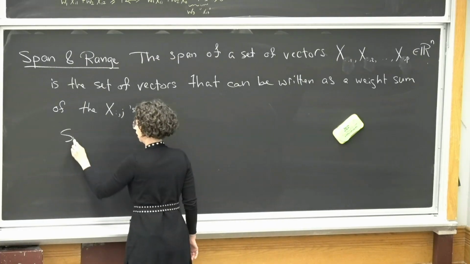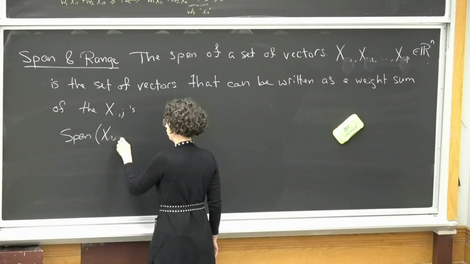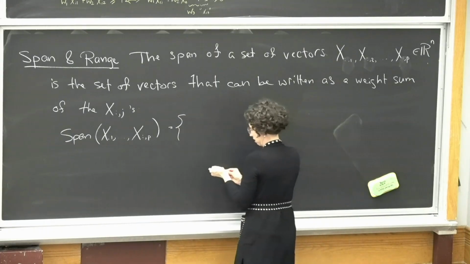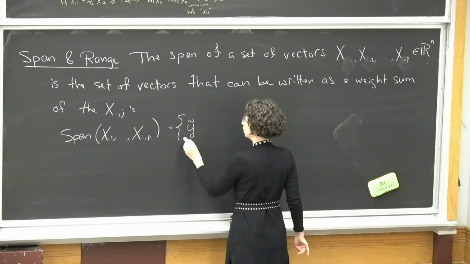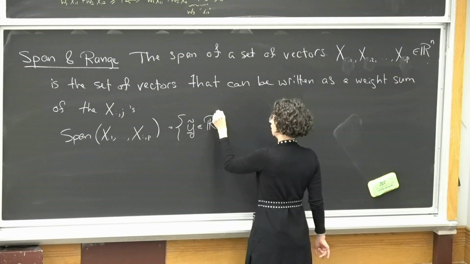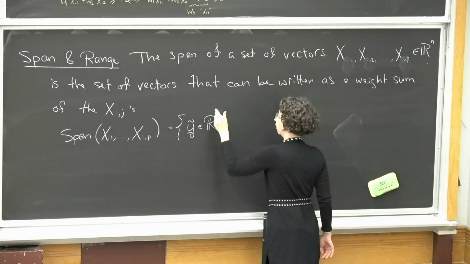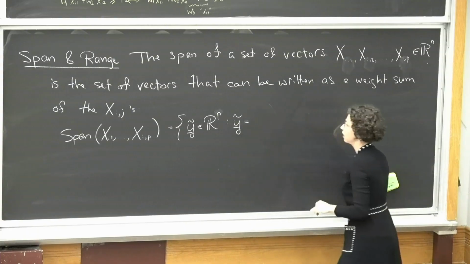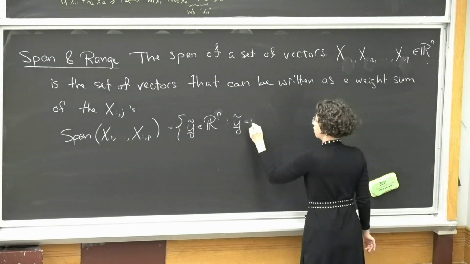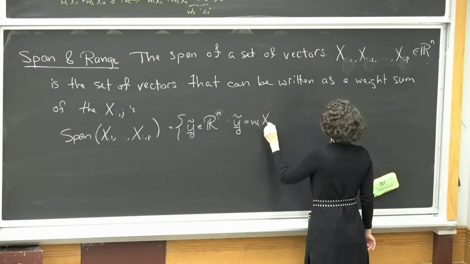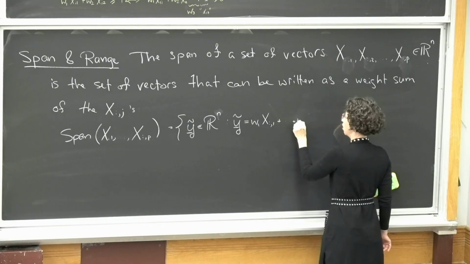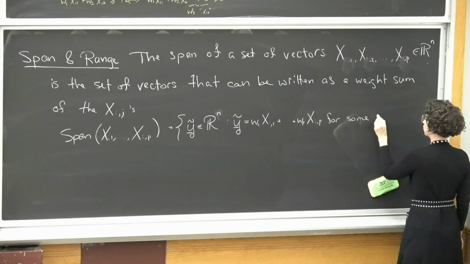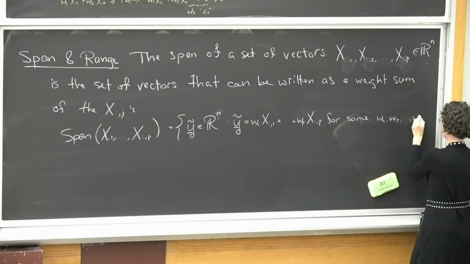In other words, the span of X colon 1 through X colon P is equal to the set of all vectors, which I'll call Y tilde, in the same dimension as my original vectors, so in Rn, such that Y tilde can be written as weight 1 times X colon comma 1 all the way to weight P times X colon comma P, for some weights W1, W2 through WP.